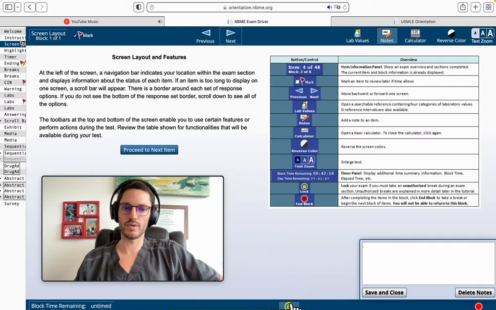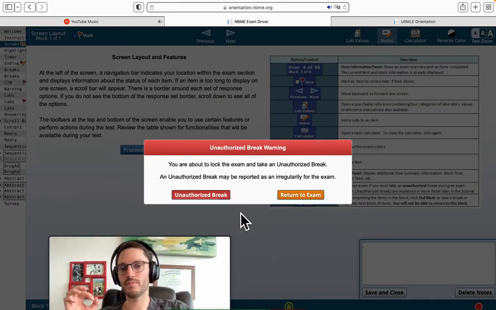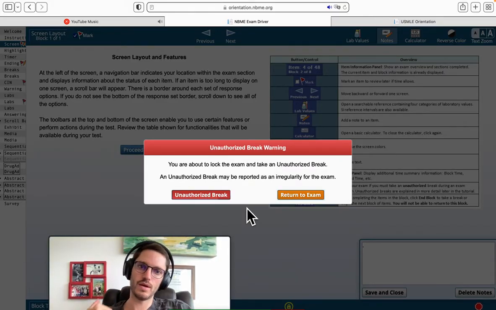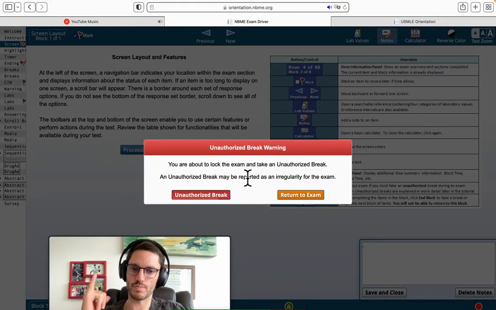If you lock it, it will actually tell you that you are taking an unauthorized break, and this might look pretty bad once you receive your grades, the programs might see you took unauthorized breaks, and this is a red flag in general for programs, because you're pausing the exam in the middle of it, and this is just a lose situation, because this will be sent out to your programs, and also the time will keep on progressing.